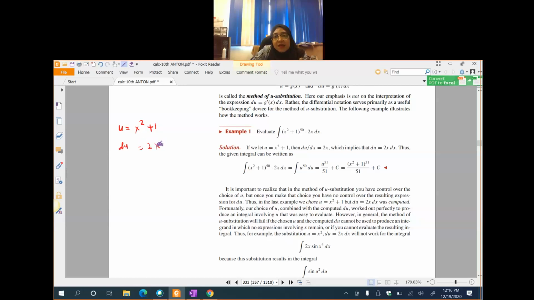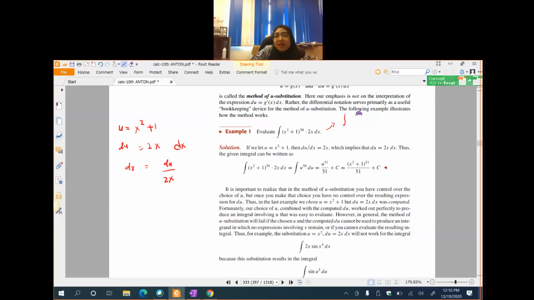You get 2x dx, okay, and then you want to replace the dx here in terms of du, so make dx the subject, so your dx will be du divided by 2x. Okay, so from here it can be written as what?